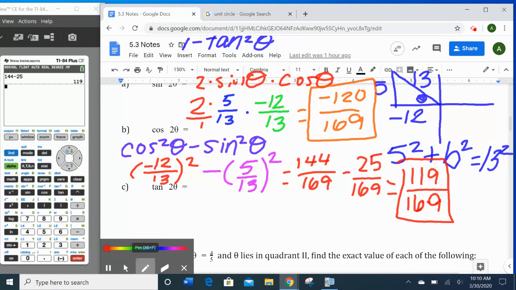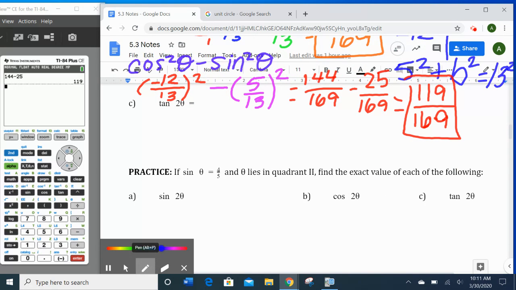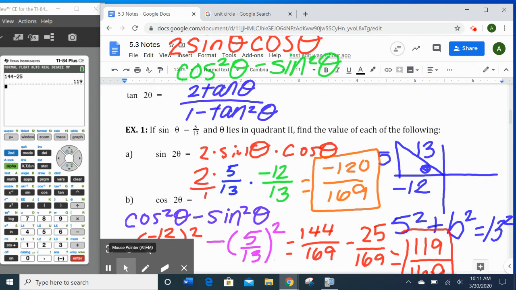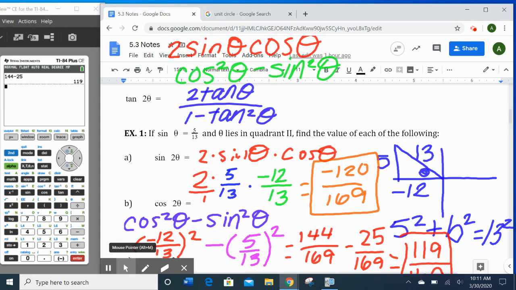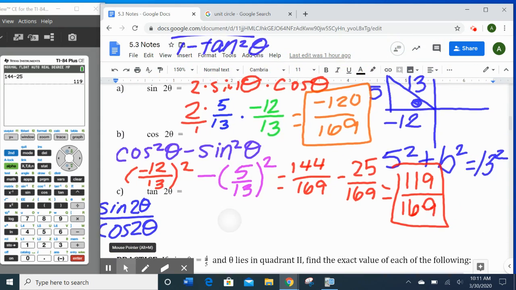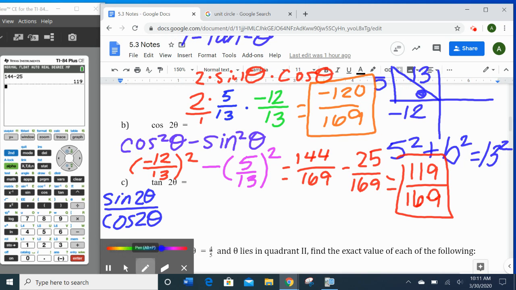And then to find tangent of 2 theta, I can use my formula if I want to, or I can use the fact that tangent of 2 theta is just going to be sine of 2 theta over cosine of 2 theta. Or I can use the formula from above, which is 2 tangent of theta over 1 minus tangent squared theta. But if I've already done the work to find sine and cosine, let's make my job a little bit easier.